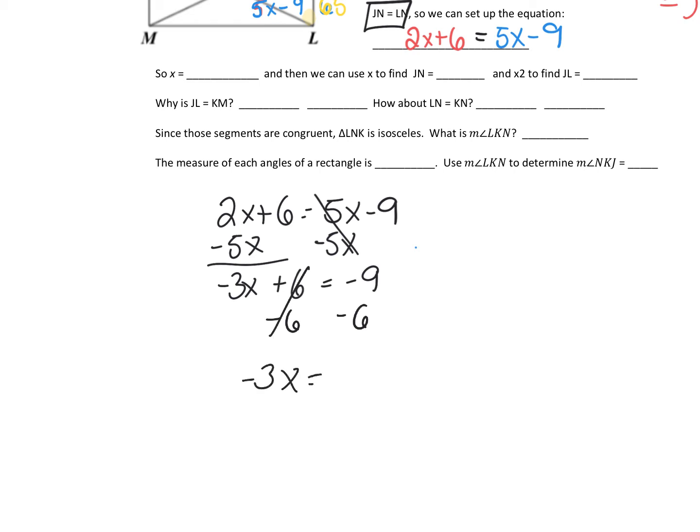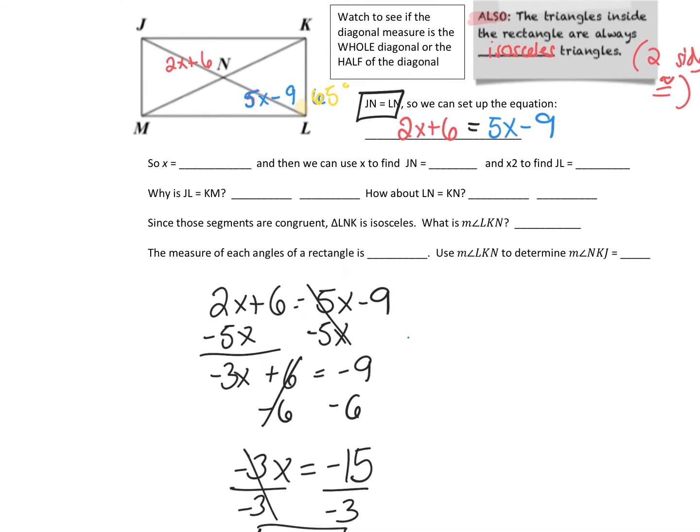And I'm left with negative 3x is equal to negative 9 minus 6, which is negative 15. And then my last step is I'm going to divide both sides by negative 3. So my x is positive 5. Okay? So we found our x. That's one of the things that they wanted us to find.